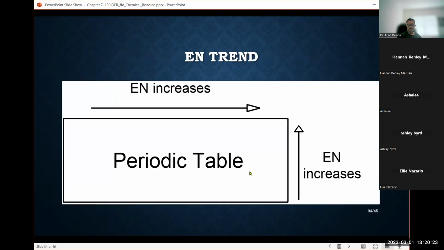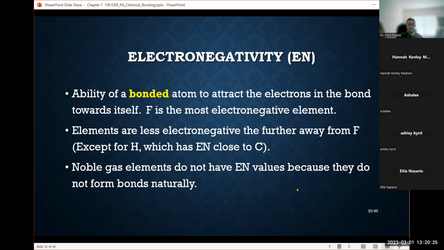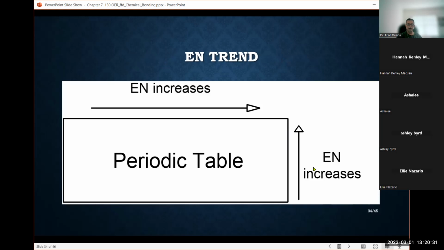Obviously, noble gases don't have any electronegativity values because they're happy, if you will. Their octets are fulfilled, they're not going to react. Okay, there's the EN trend, increasing from left to right and from bottom up, all of them pointing to fluorine.